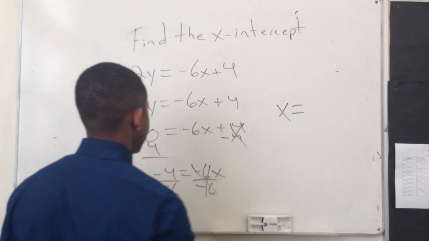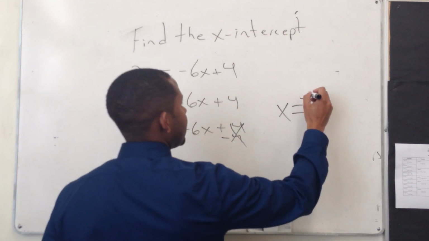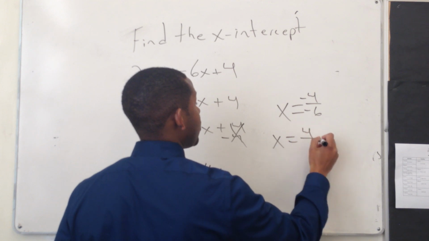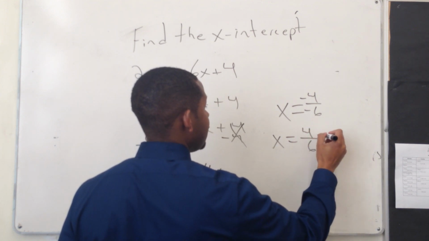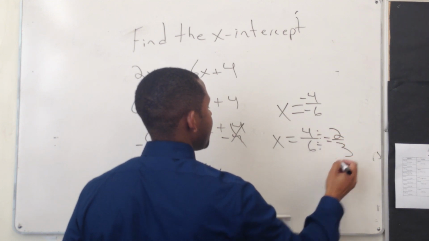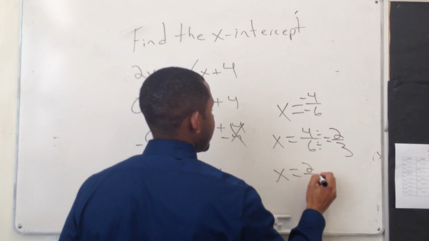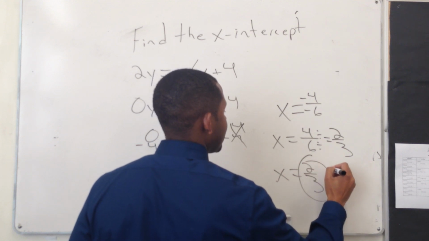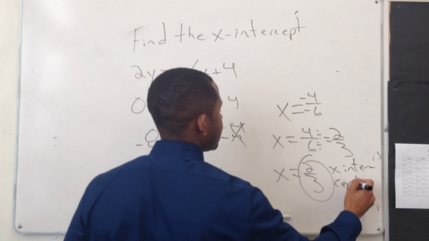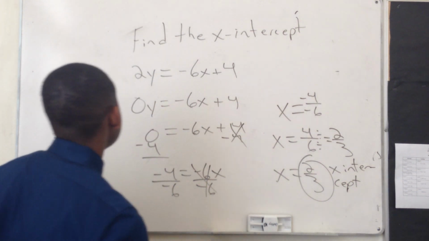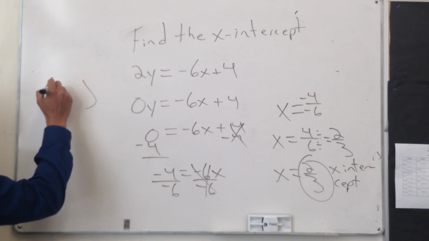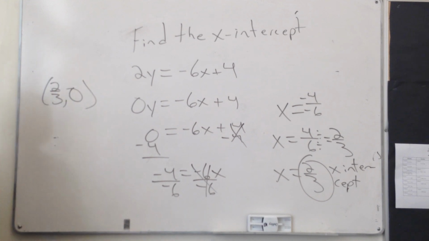My x-intercept says x equals negative 4 over negative 6, which is really positive 4 over positive 6. If I simplify that, that equals 2/3. 2/3 is my x-intercept. The coordinates of my x-intercept are x equals 2/3, y equals 0.